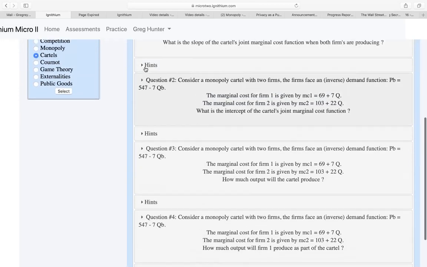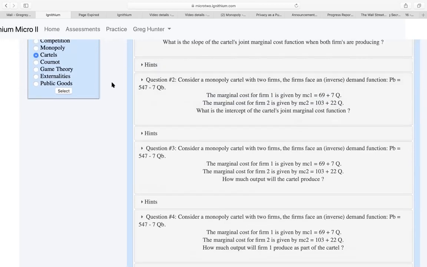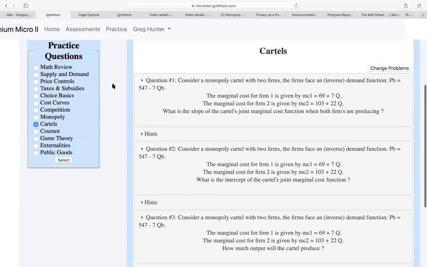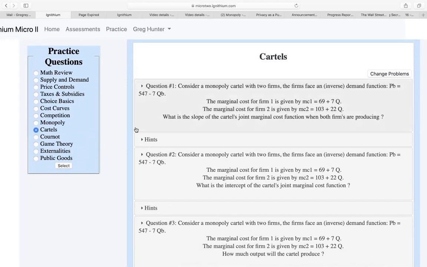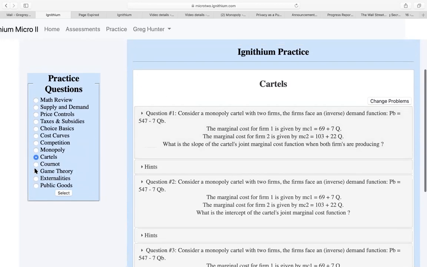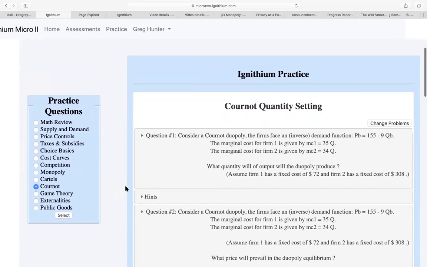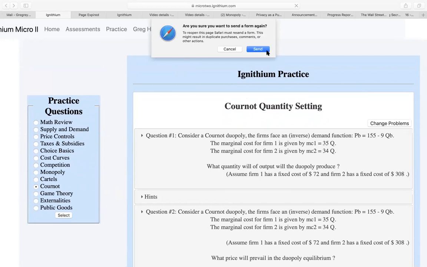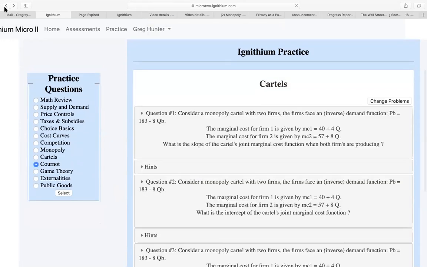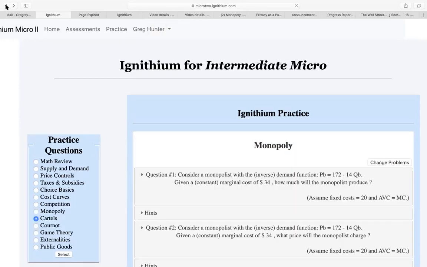We'll do a more concrete example of this in passing in the stuff that we're going to do today, because as we move on, this cartel assignment is our last major assignment, and it's too bad because I don't think it's going to let me go back to the problems that I had before.